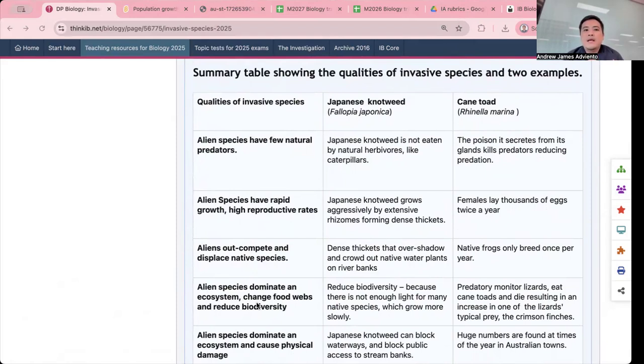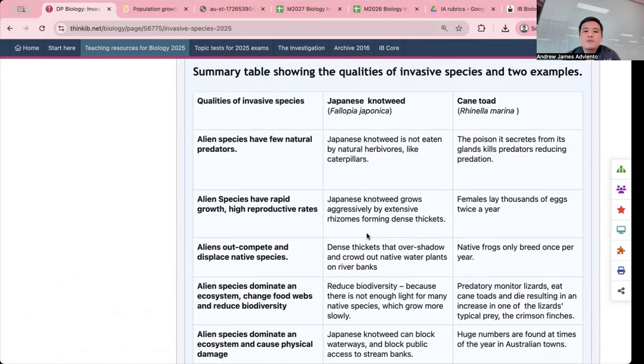So these new diseases can further weaken native populations. Number four is ecosystem level effects. Invasive species can alter nutrient cycles. They can change soil chemistry and affect fire regimes or alter hydrology. So the result can be the loss of biodiversity, lower ecosystem stability, and degraded ecosystem function.